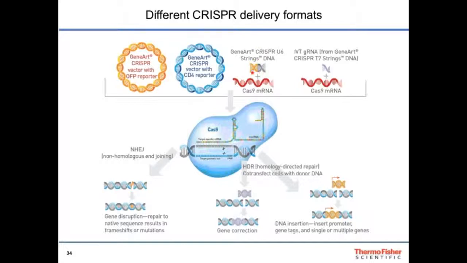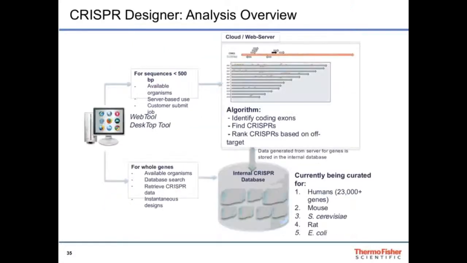That would either be a string with a U6 promoter, allowing expression and transcription of the guide RNA within the mammalian cell, or we have a string with a T7 promoter, which will allow us to create purified guide RNAs in vitro, and then to have a complete RNA solution. And all these get us to what we need, an efficient, specific double-stranded break to allow us to do our engineering.